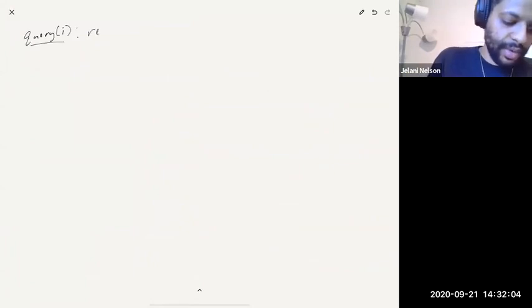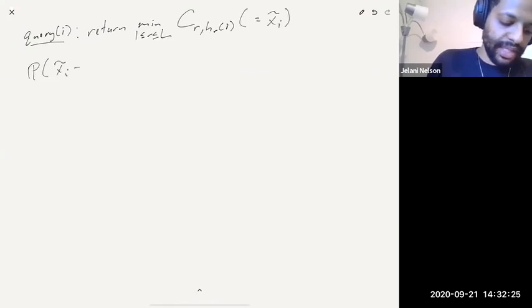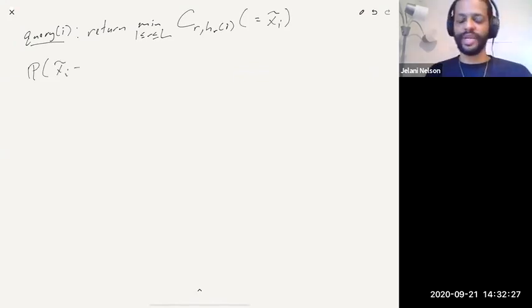So when someone says query i, I'm going to return the min over all r between 1 and L of that counter, C_r[h_r(i)], and this will give me some xi tilde. The probability that xi tilde minus xi, first of all, you know it's an overestimate.